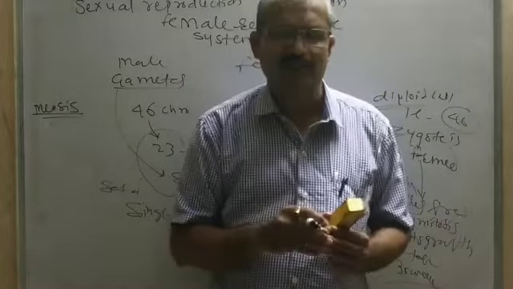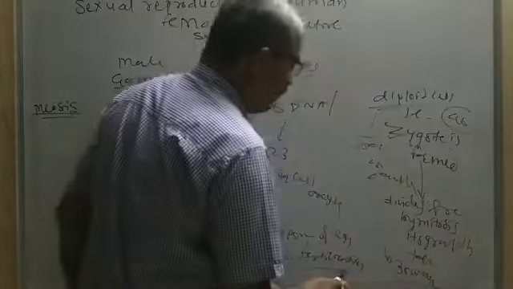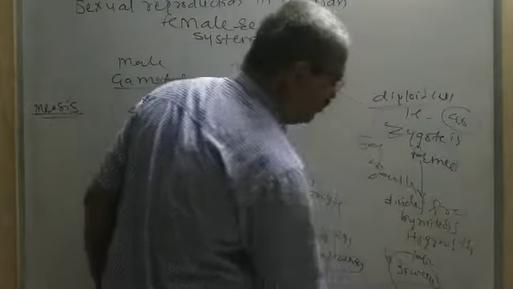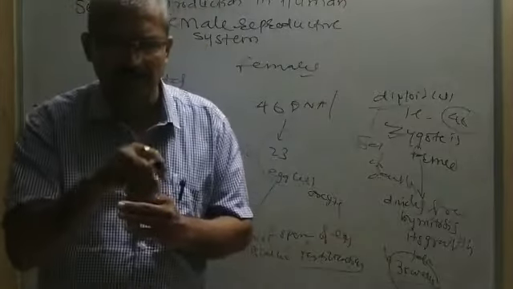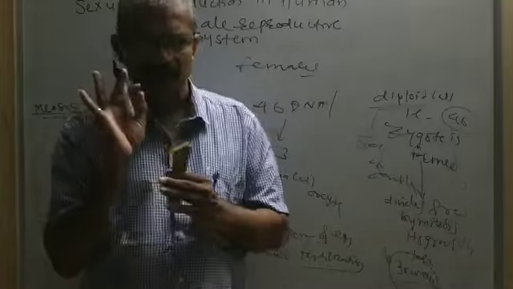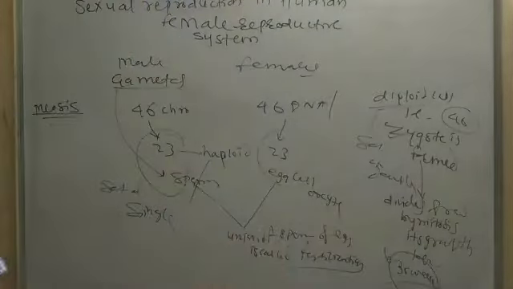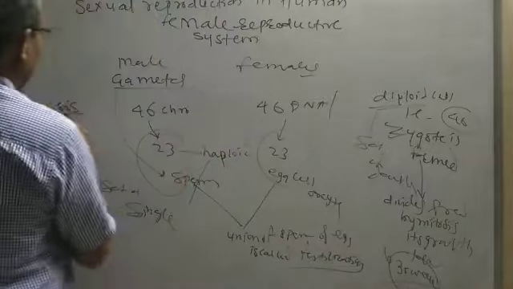That is, we are saying that this baby is delivered after full growth of 36 weeks, and in this way a human being, meaning the female, gives birth to a young one. Understand? So now we have studied how fertilization takes place.